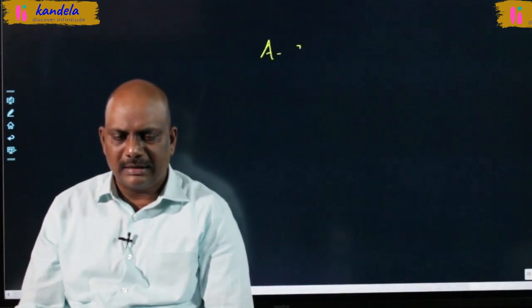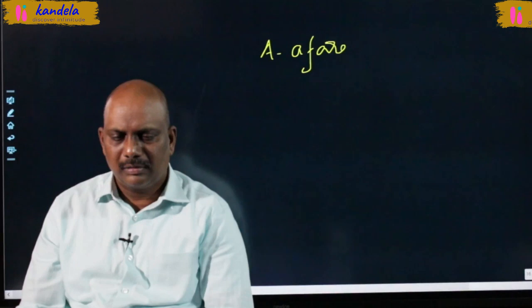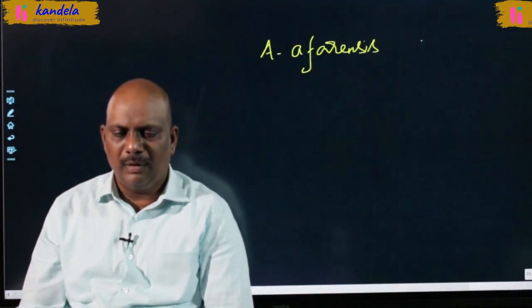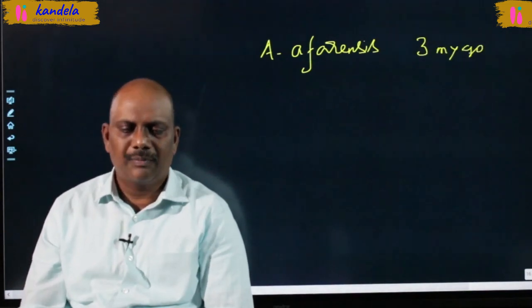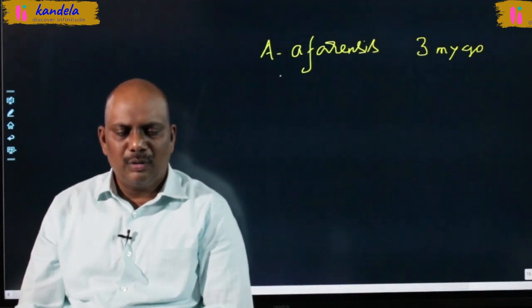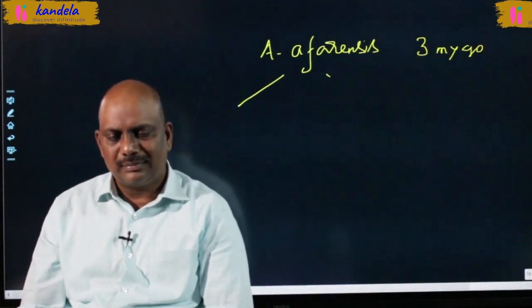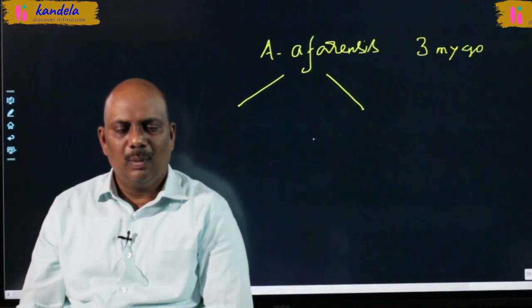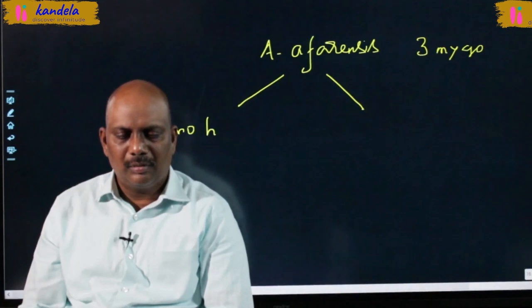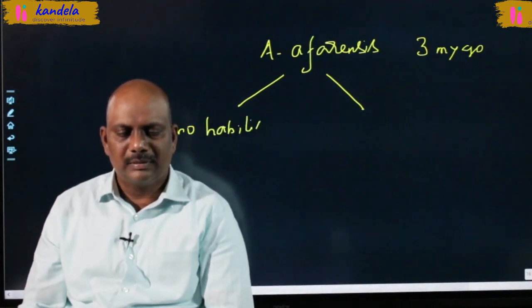According to them, Australopithecus afarensis, which lived roughly around 3 million years ago, got divided into two lines. One became Homo habilis.